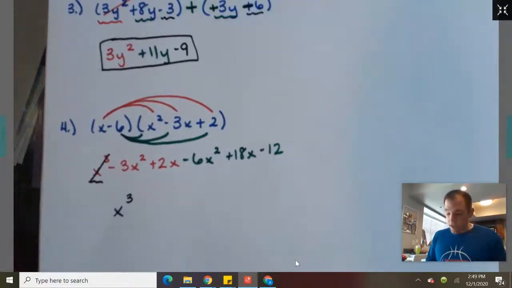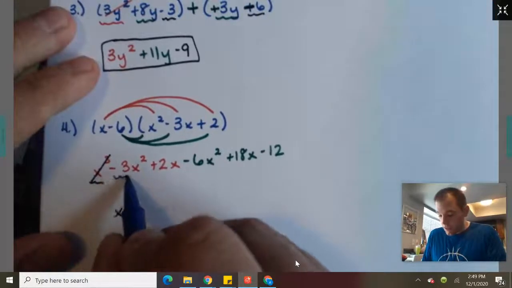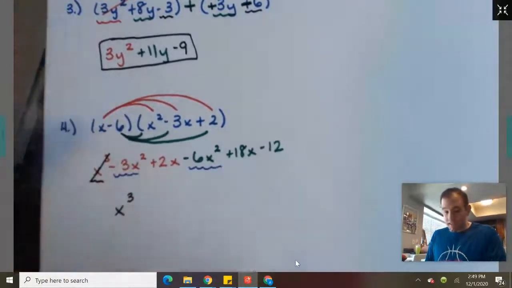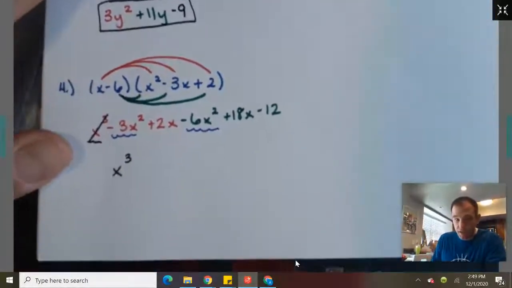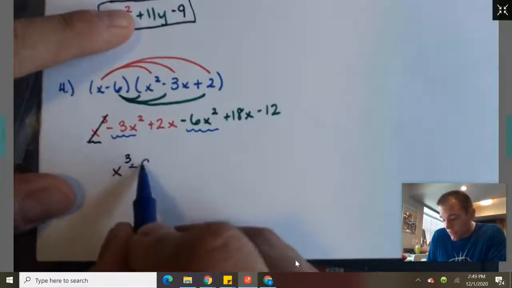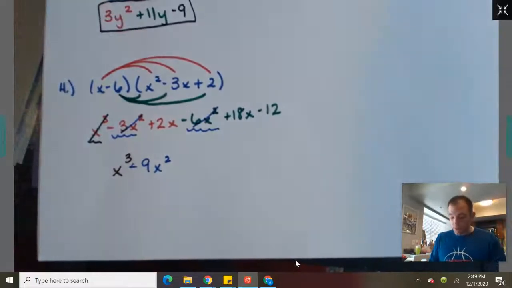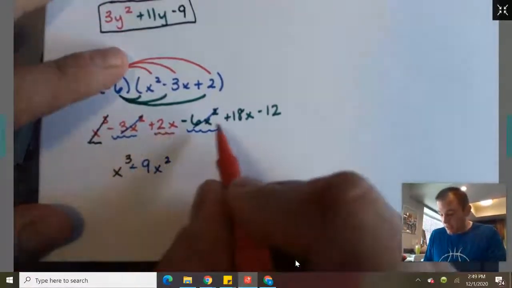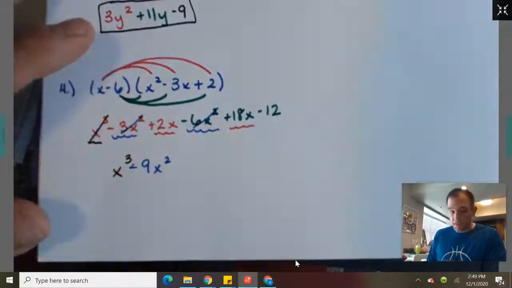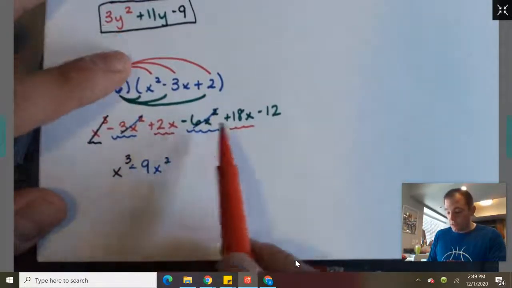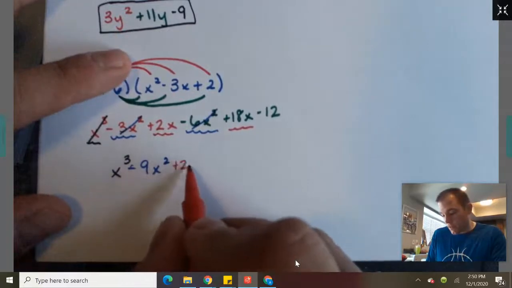Now we have a negative 3x squared and a minus 6x squared. So negative 3 minus 6 would give us negative 9x squared. Cross that one off and that one off. All right. Then we have a 2x plus 18x. 2 plus 18 gives us 20x.